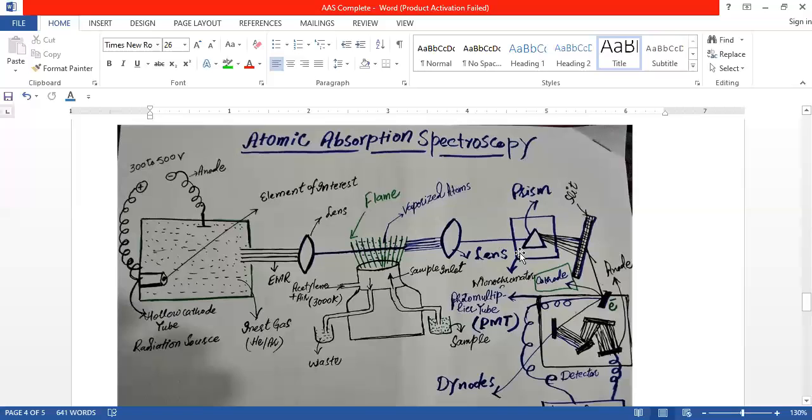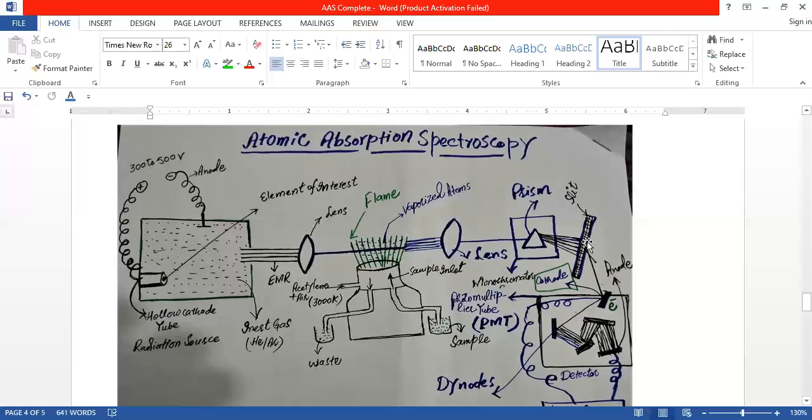You can see this is the monochromator. In the monochromator, you can see there is a prism, and again it will be divided into various parts. After that, there will be a slit. You can see in the diagram, this is the slit. What is the function of this slit?